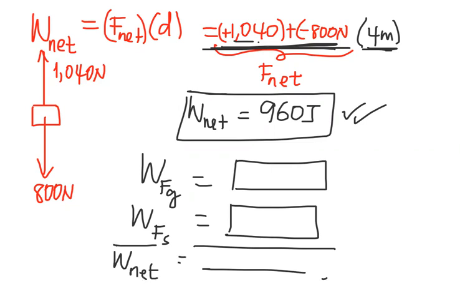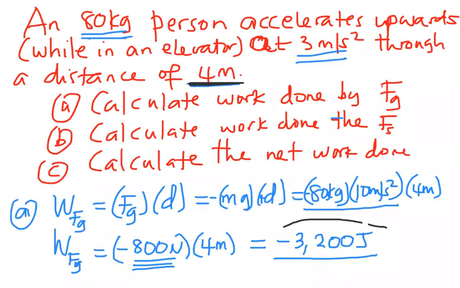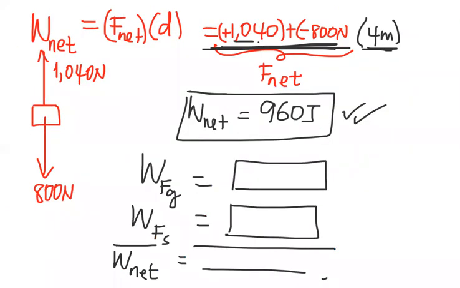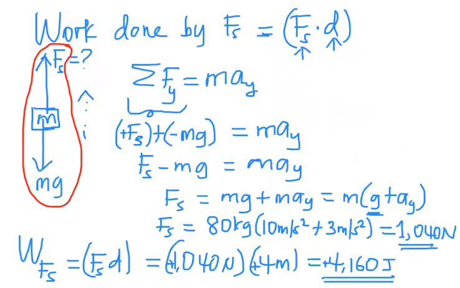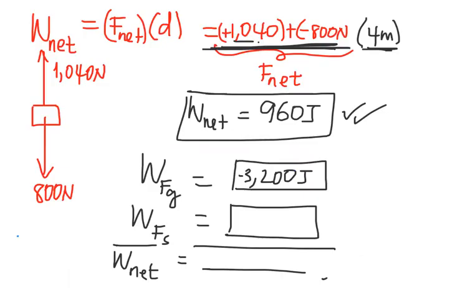We initially found the work done by gravity was minus 3,200 joules. And the work done by the support force, we found, was 4,160 joules.